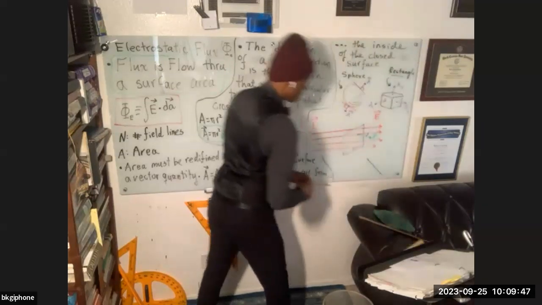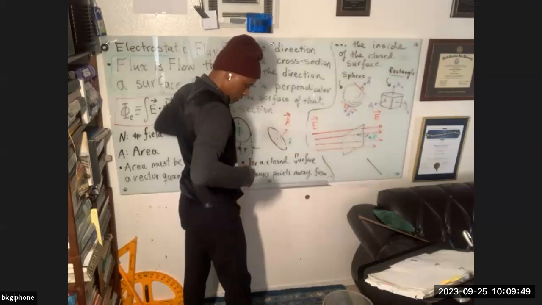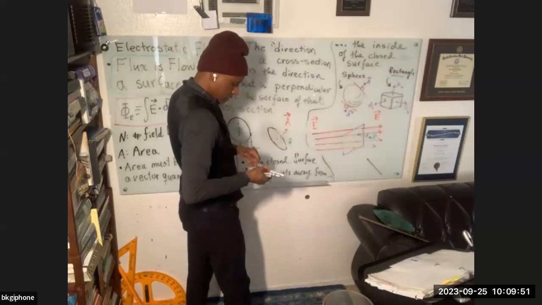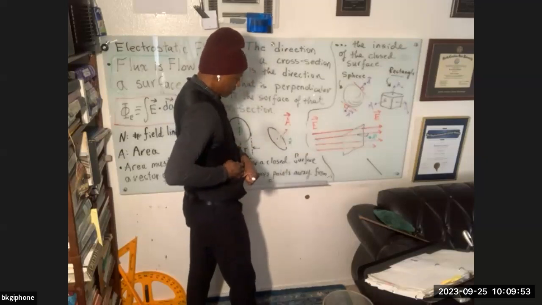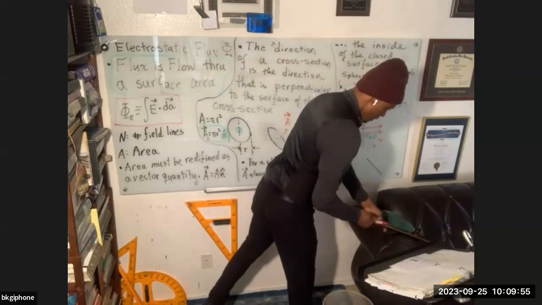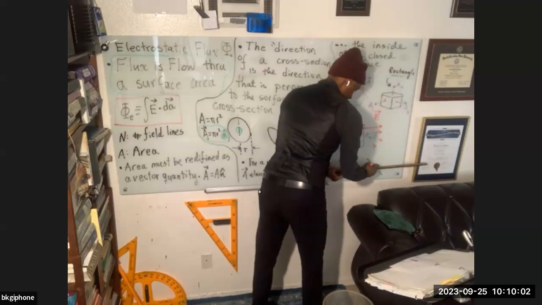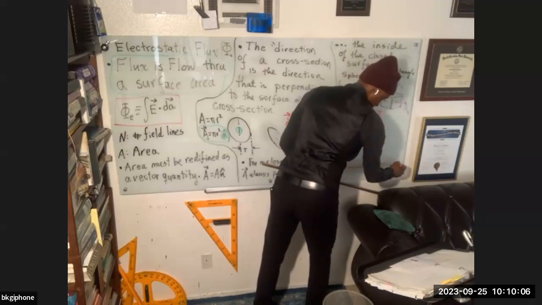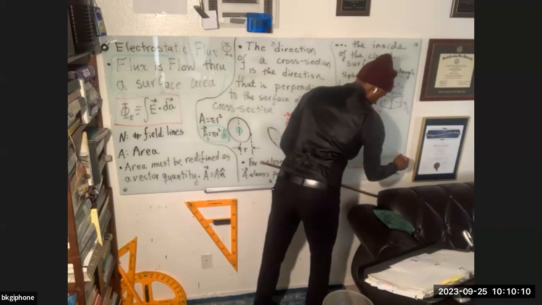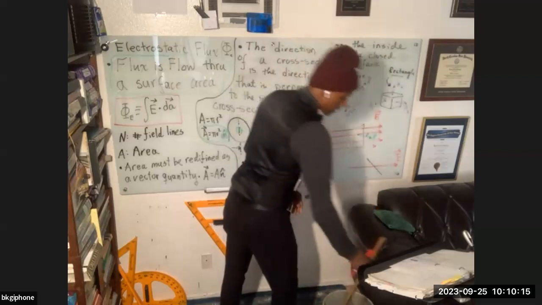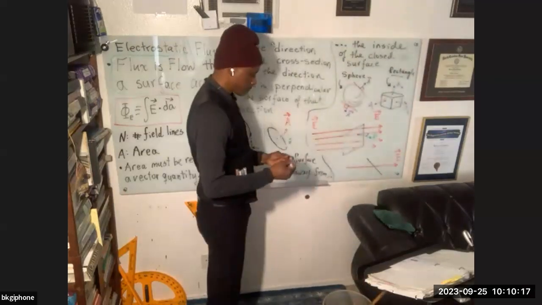But my E vector, my electric field vector, is horizontal and it cuts through like that.